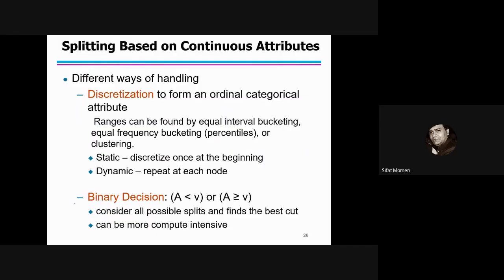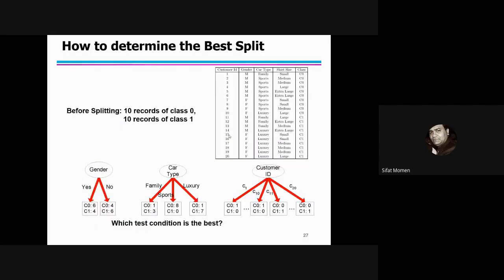We could do a binary decision, or we could do a multiple split by finding equal interval bucketing, or by equal frequency bucketing, percentile: first 25%, second 25%, third 25%, and the last 25%. We could do those sorts of things as well. So there are many ways we could split, either a binary split or multiple splits. Is that okay, Nakina? Okay.